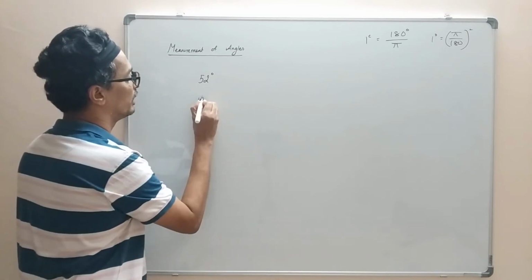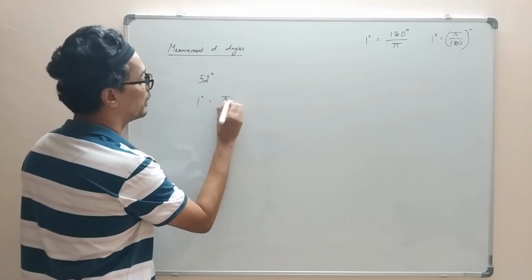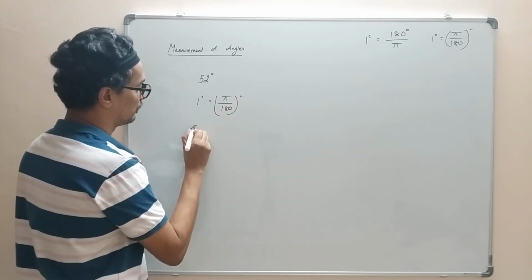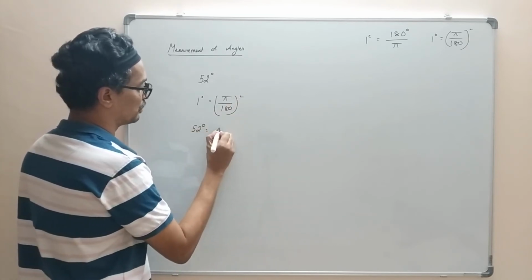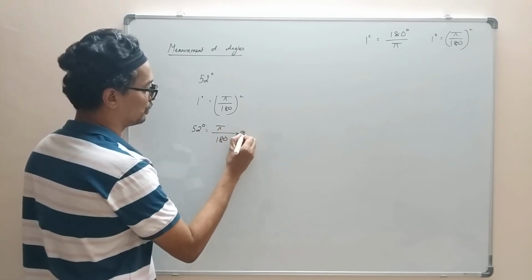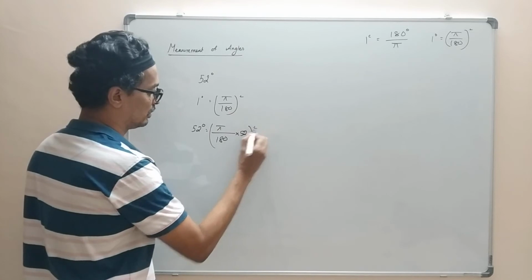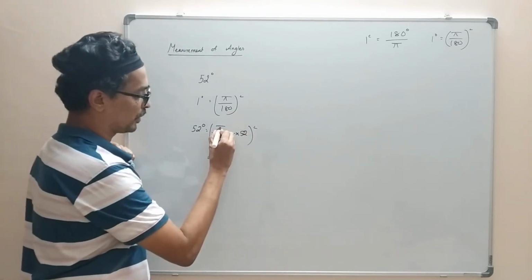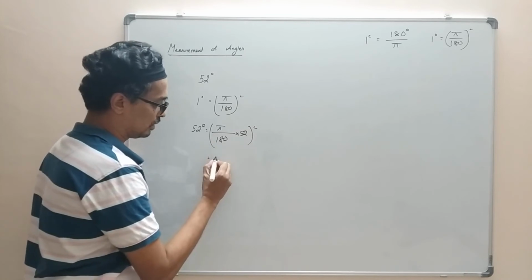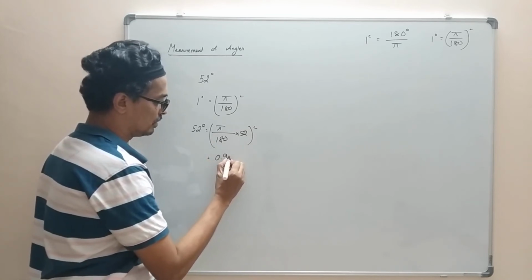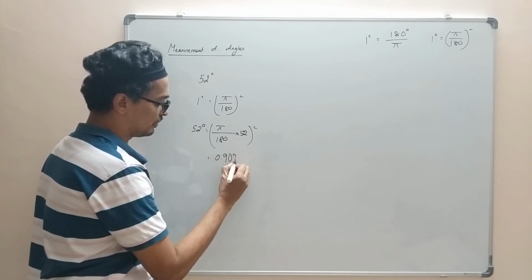We know 1 degree is equal to pi by 180 radian. Therefore, 52 degree is equal to pi divided by 180 into 52 radian. Tell me what is the value? 0.907. So pi you put 3.14, right? 0.907 radian.